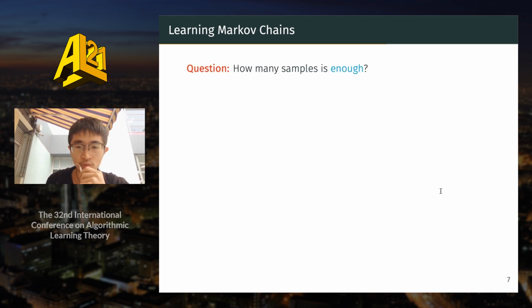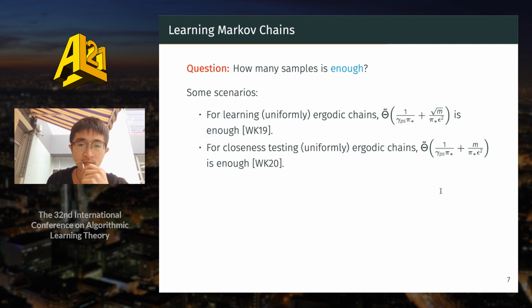For stage 2, much is known because it's just an IID learner. But for stage 1, we still have another question: how many samples is enough? In some scenarios, it is known. For learning ergodic chains, where by ergodic we always mean uniformly ergodic in the literature, or closeness testing ergodic chains, Wolfer and Kontorovich have shown that this many samples is enough.